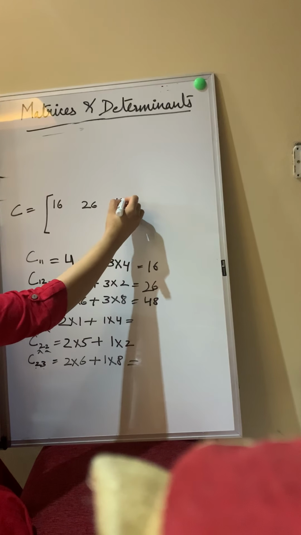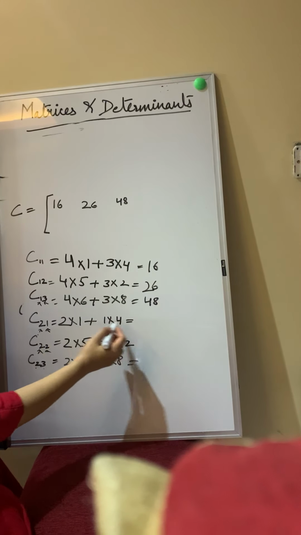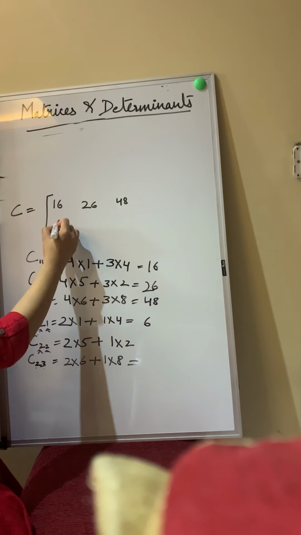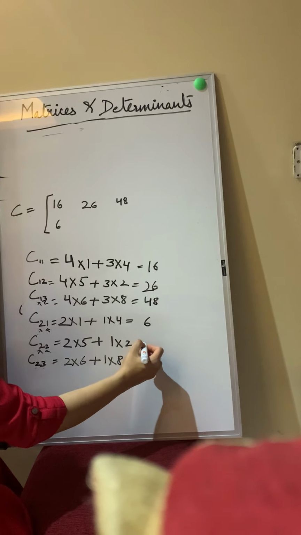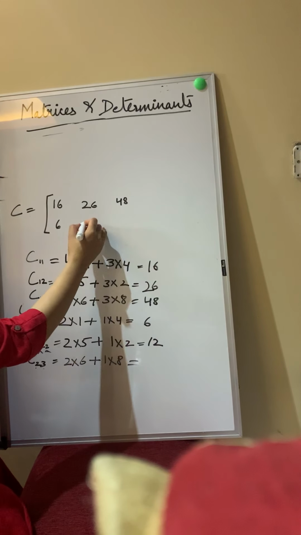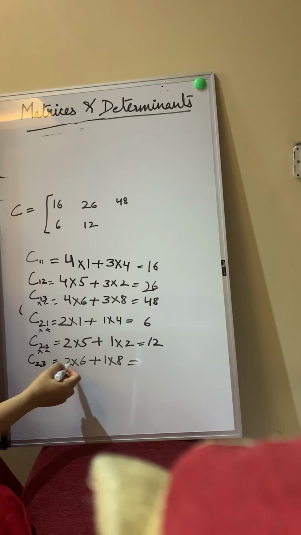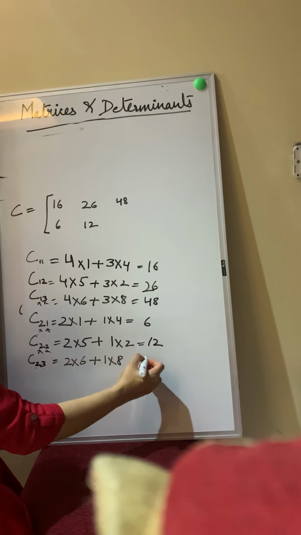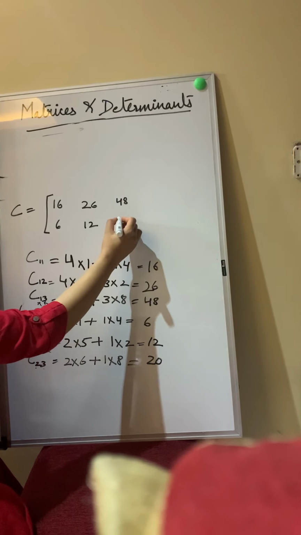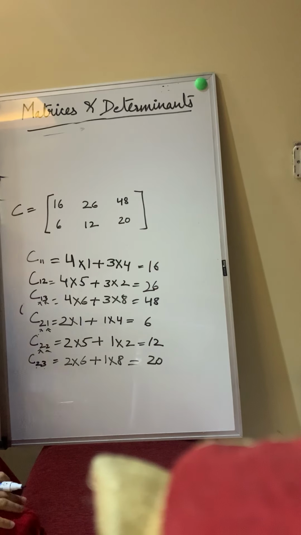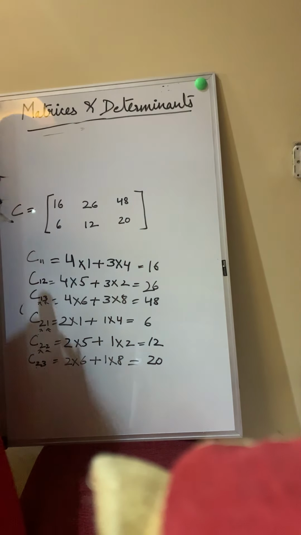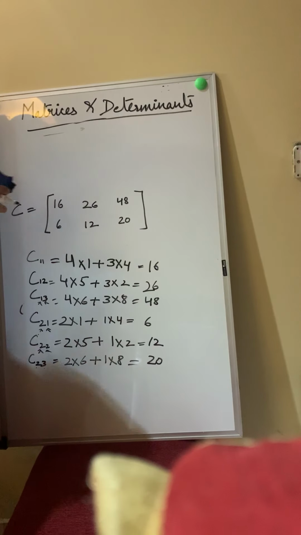The third value is 48. 2 4s, 6. C21 is 6. 10 and 2, 12. 6 2s are 12 and 8. 12 and 8 is 20. Sorry if I have calculated any value wrong. Okay, I am taking the next example.